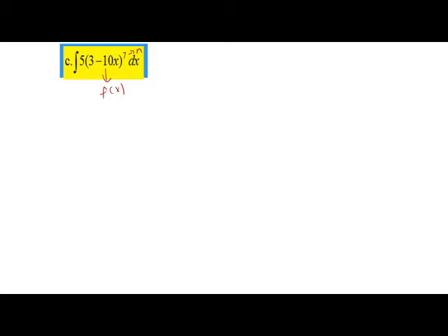So we have to manipulate this value. 5 here, we have to make it as negative 10. So it means we have to multiply by negative 2. So negative 2 times 5, and then bracket 3 minus 10x to power of 7 dx.